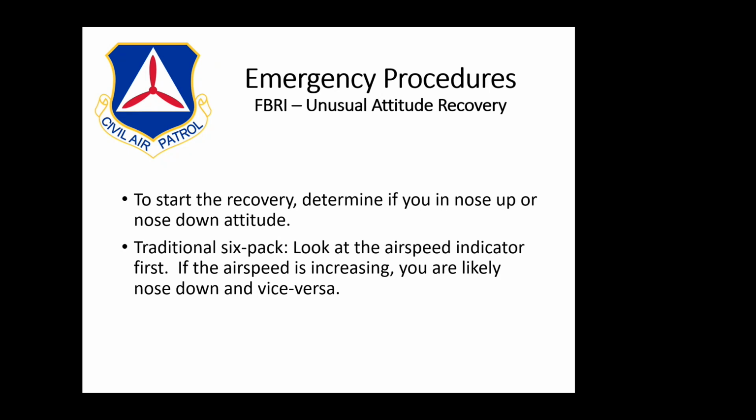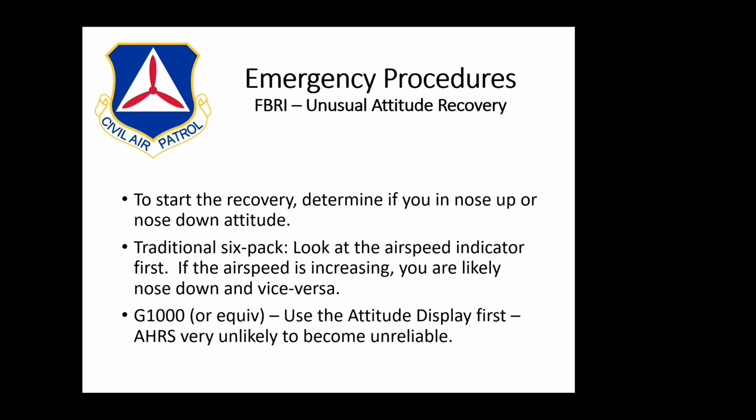So if the airspeed is increasing, you're likely in a nose down situation. In a G1000 or equivalent, it could be the Aspen, or other kinds of electronic indicators, that tumbling is usually not a problem. Again, you have to know your plane, but the indicator is very unlikely to become unreliable. I'll put an asterisk here: in failure modes in the G1000, we have all seen the big red X that will go across an attitude indicator if it fails.